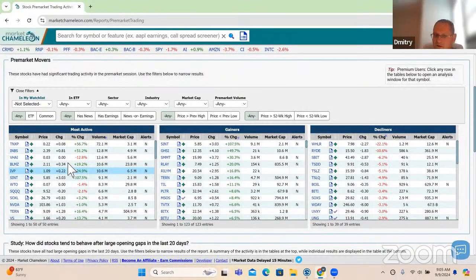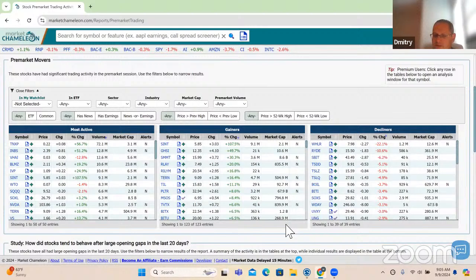We also have our most active stocks, biggest percentage gainers and biggest percentage decliners in pre-market. Here I see 123 stocks made it onto our biggest percentage gainers list, 39 are biggest decliners. So from this perspective, it also indicates a more bullish bias in the pre-market trading activity.